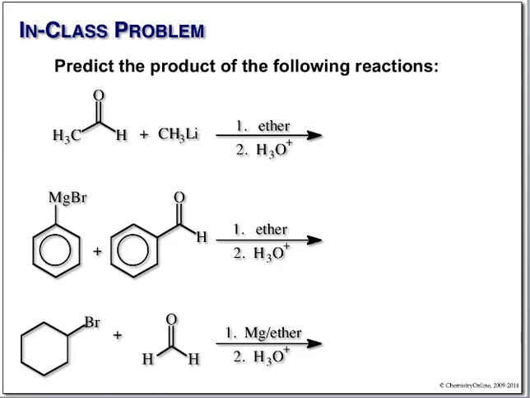We have an aldehyde. We're reacting it with methyl lithium. All that's going to happen is the methyl group is going to act as a carbanion. It's going to attack the carbonyl carbon. When we dump it into acid, this is going to become an OH group. We will wind up with a secondary alcohol, 2-propanol in this case.